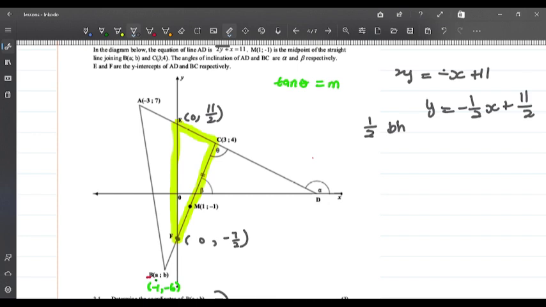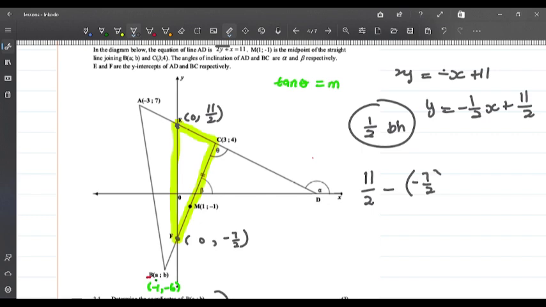Now, remember, I'm trying to solve for my area. In this instance, EF is going to be my base. I need to find the length from E to F. So I have the y value at E, which is 11 over 2. So I'm going to say 11 over 2 minus the y value that I have at point F, which is negative 7 over 2.